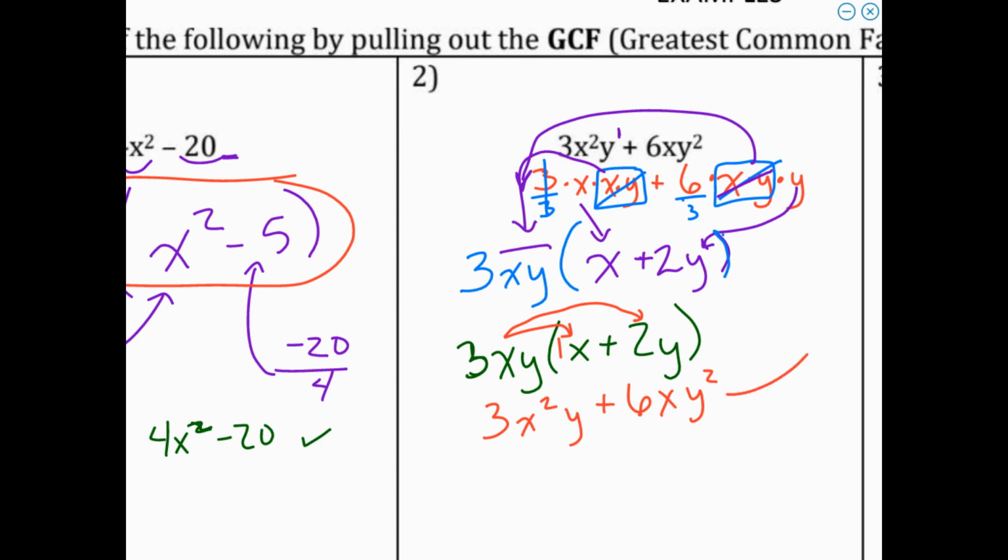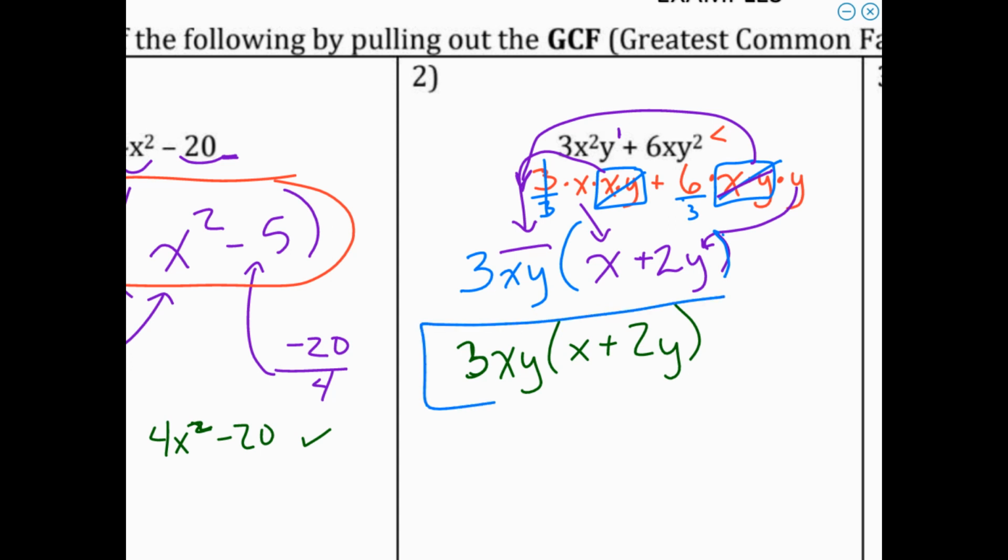Is that the same thing that we started out with? Yes. So we factored it correctly. So this was just our check. I'm going to erase it from my notes just to be less confusing of which one is the actual answer. So here's my answer.